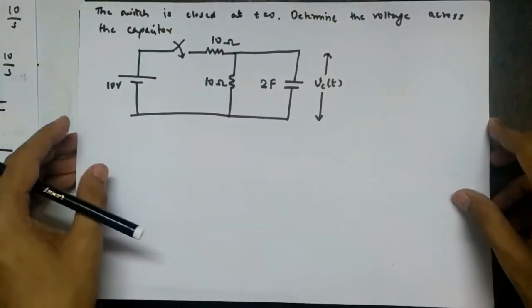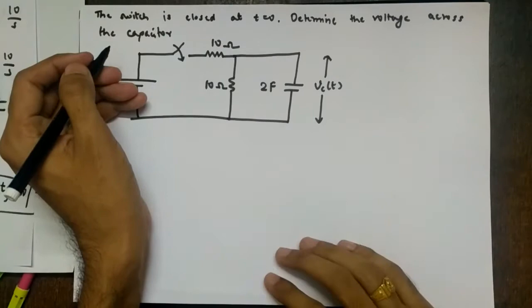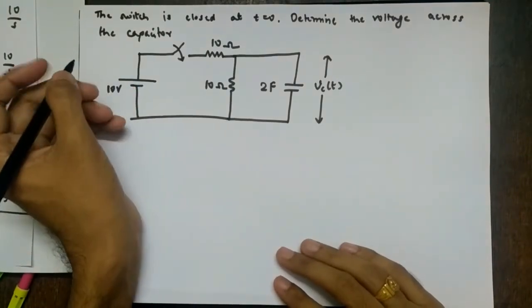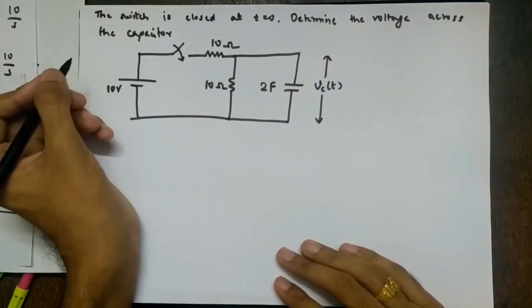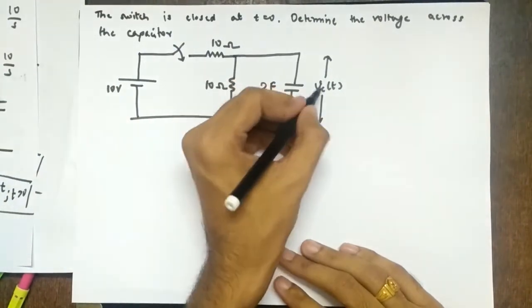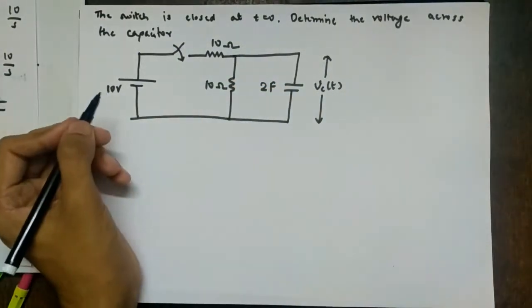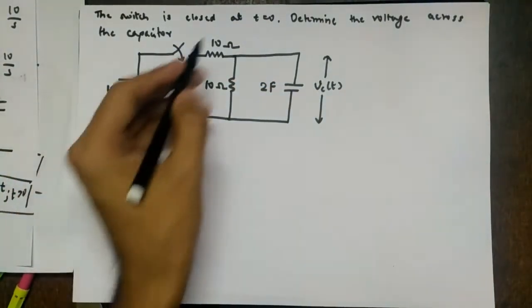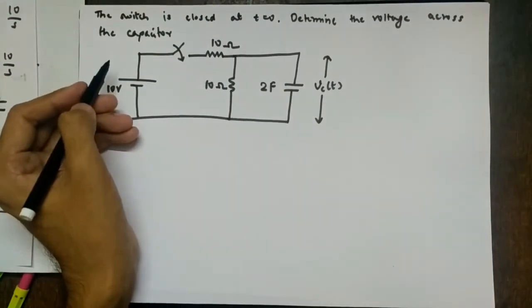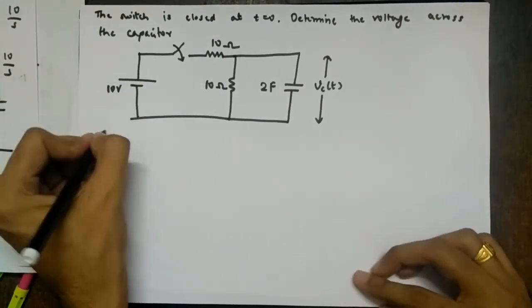Let's proceed further. Then I have this particular sum. So the switch is closed at t equal to 0. Determine the voltage across the capacitor. So first, this is the capacitor, right? So voltage is Vc of t, right? So switch is closed at t equal to 0 means at t equal to 0 minus it is open, right?